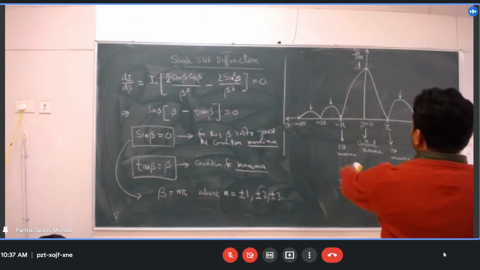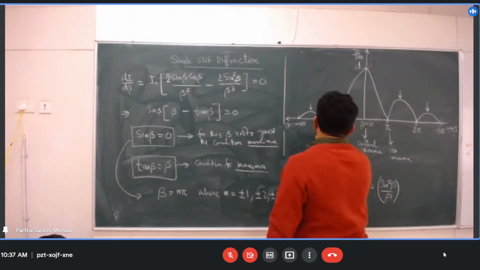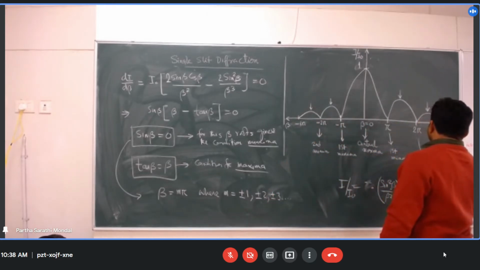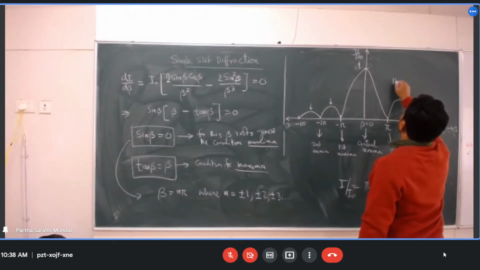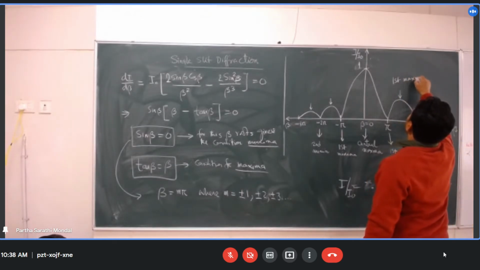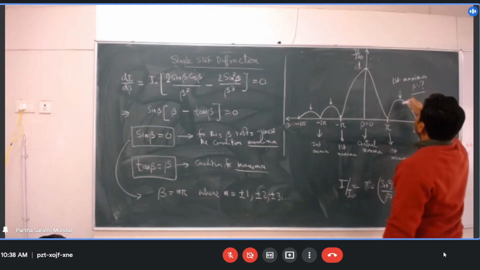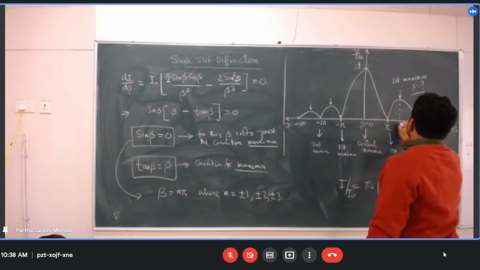So this is second minima, and this is also second minima, and this is first maxima. I don't know what is the value of beta for which you will get this. I don't know what is this value actually.